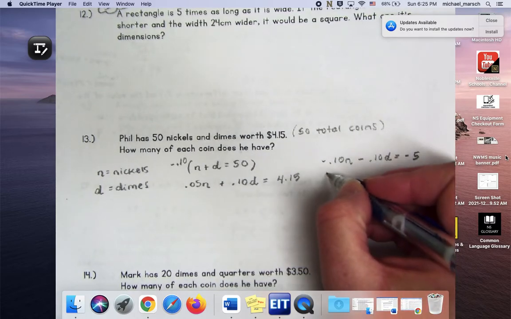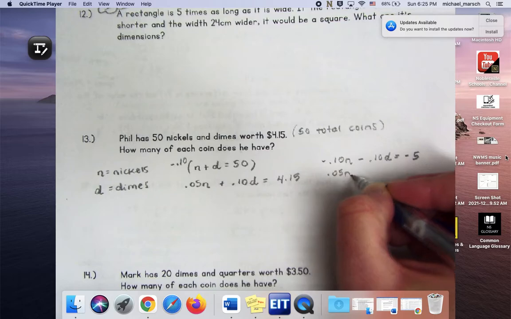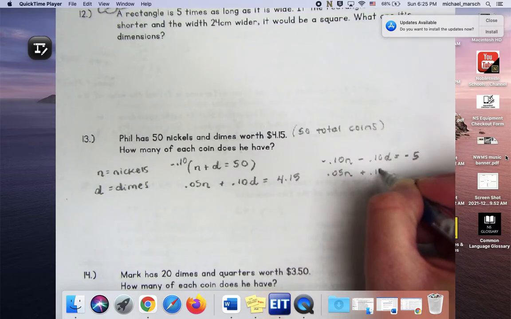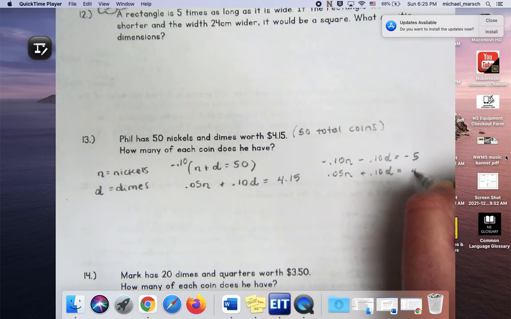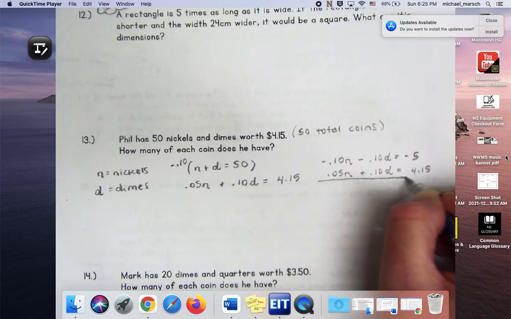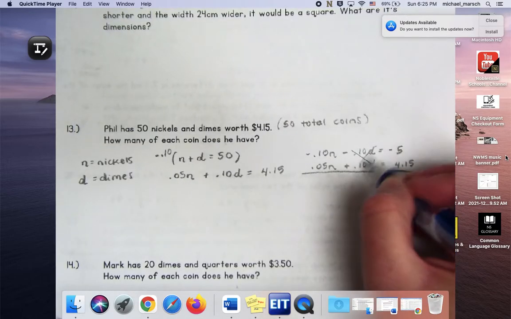And then I take this, I have the positive 0.05n plus 0.10d equals 4.15. So now my dime values are gone.